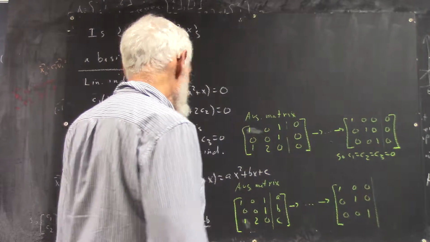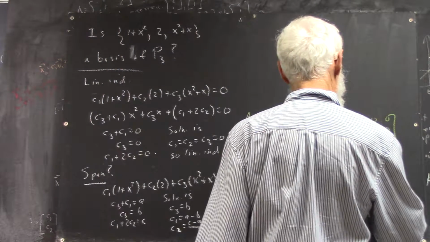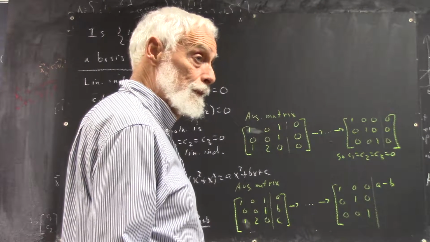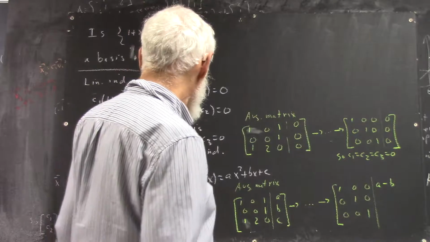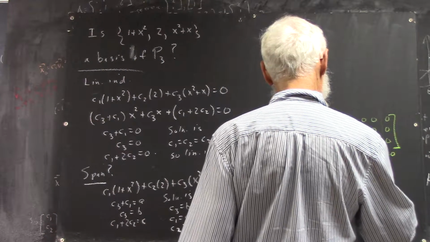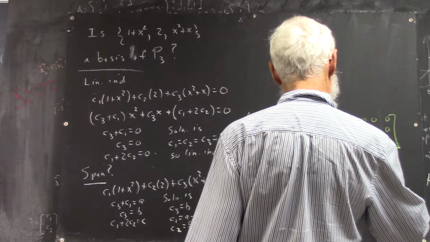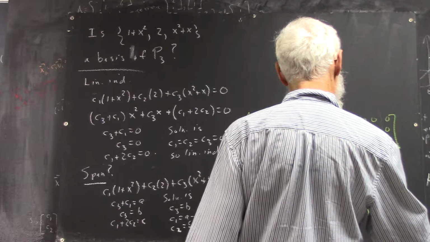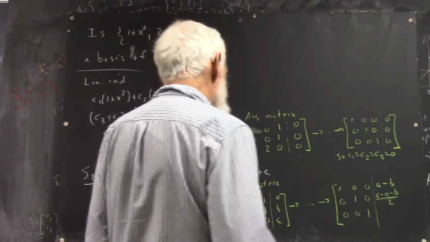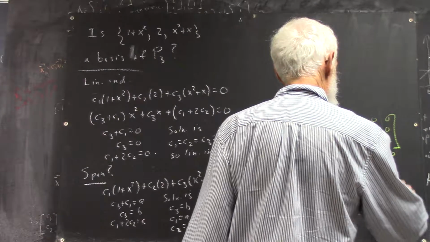And what you get is A minus B here, okay? And you're going to get C minus A minus B over 2 here, and you're going to get B here.